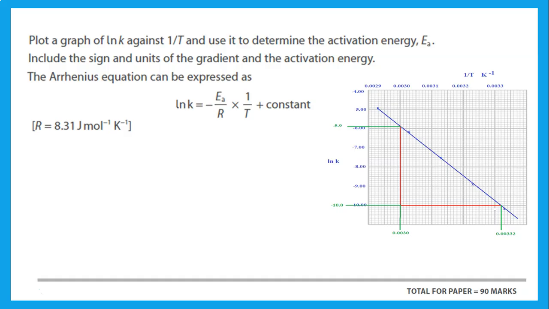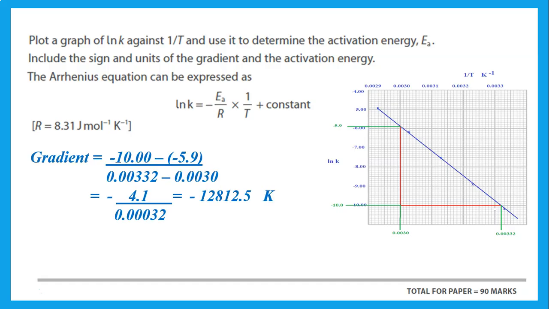So remember, if we have this kind of graph, we get the gradient. From this graph, we got the gradient to be about minus 12,813. Of course, these actual numbers could differ from one student to another due to the changes in the line, but it should be within this range. So that's the gradient, and this is a negative gradient.